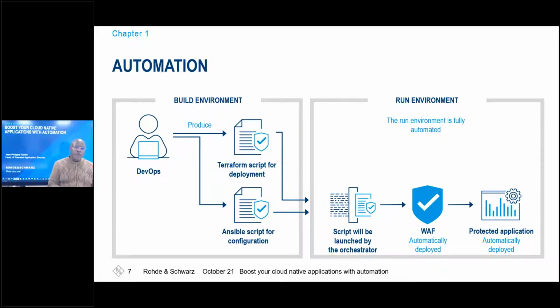So in the build step, you will usually use different tools that will allow you to script the deployment. That's what we call infrastructure as code. And with that, using, for example, a Terraform script in order to build the application, and maybe then an Ansible script for configuring the application, you will actually be able to start and build the environment and deploy it somewhere.